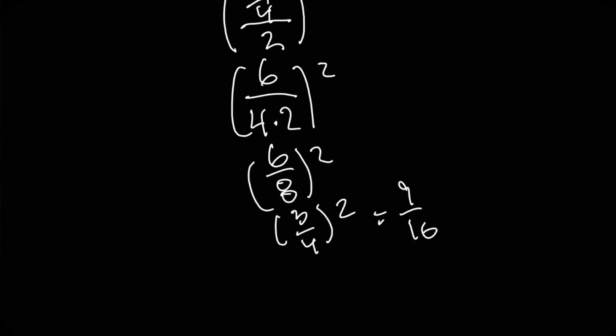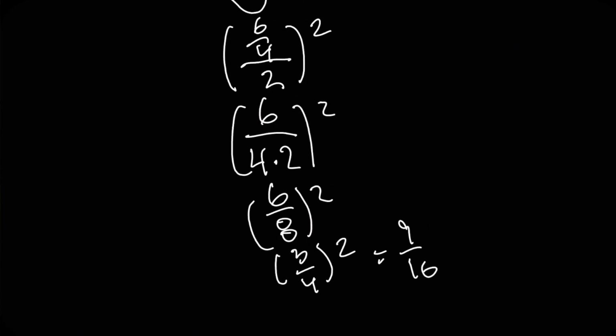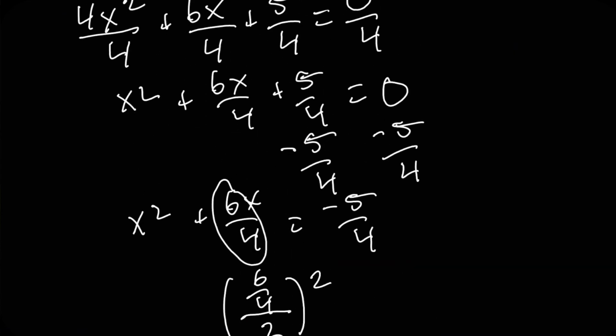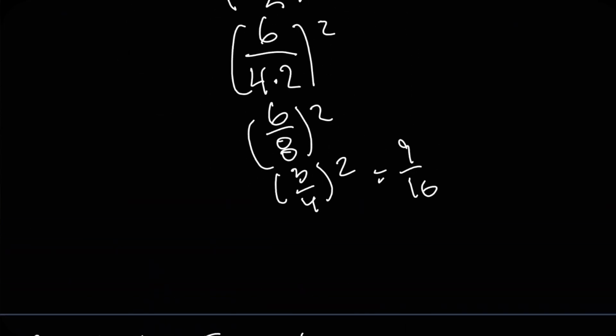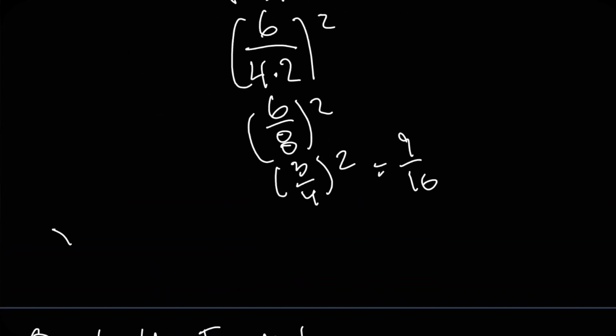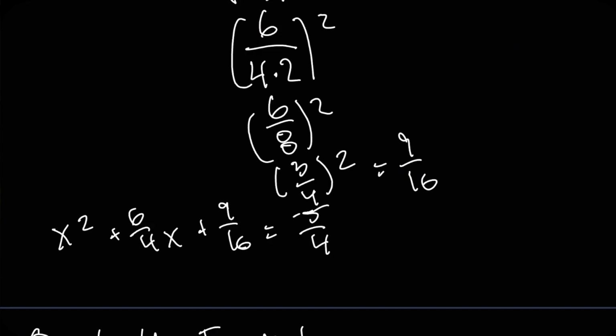Okay, so 9/16, we want to add that to both sides of our equation up here. And let's see what the final product gives us. This will give us x squared plus 6 fourths x plus 9/16 is equal to negative 5 fourths and then plus 9/16.